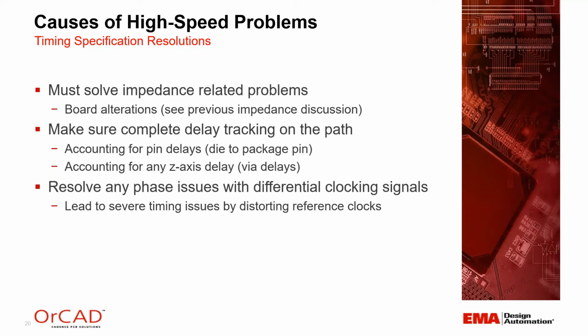These are via delays in the vertical direction that typically aren't thought about when you look at the delay posed by a particular conductor layer or conductor trace. If your signal path is accumulating several of the z-axis delays, or you have a very thick dielectric where you have fairly tall vias, then z-axis delays can have an impact. And then, of course, you need to resolve your phase issues with any of your differential clocking signals.